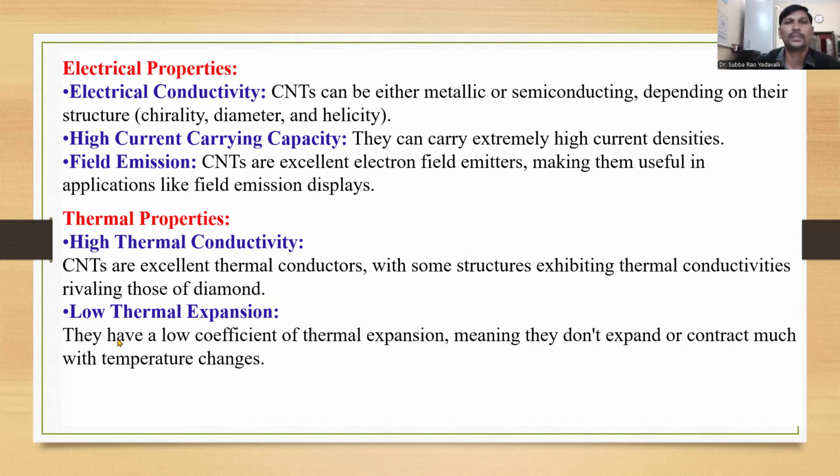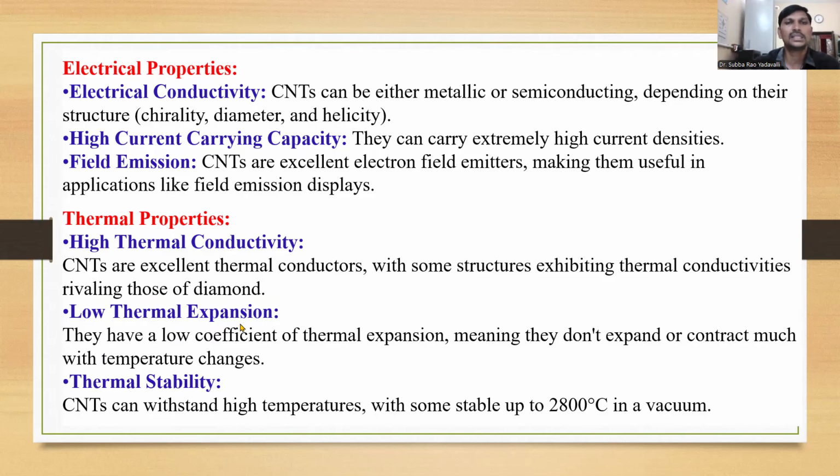That means when we apply heat, they have low expansion, so they do not react much when compared to other materials. They have a low coefficient of thermal expansion, which means they don't expand or contract much with temperature changes.